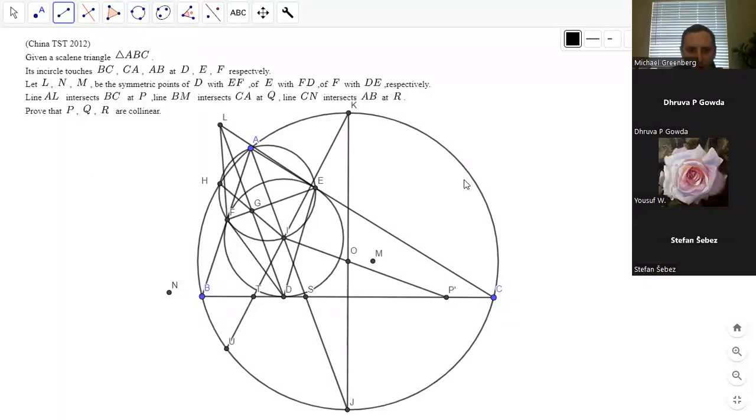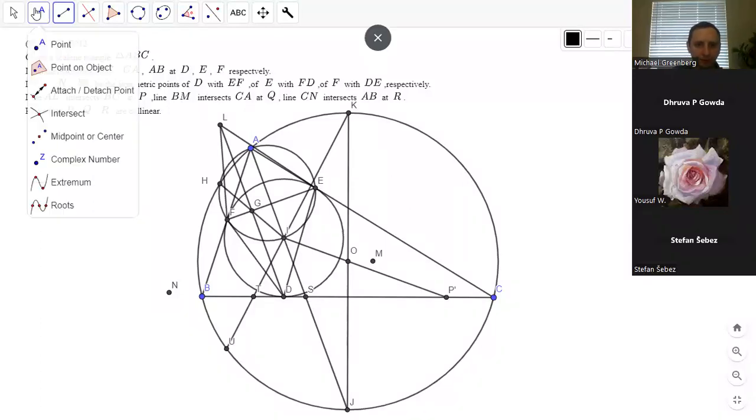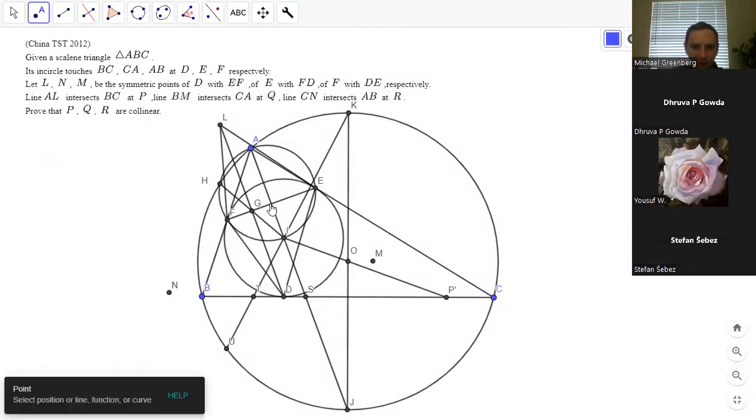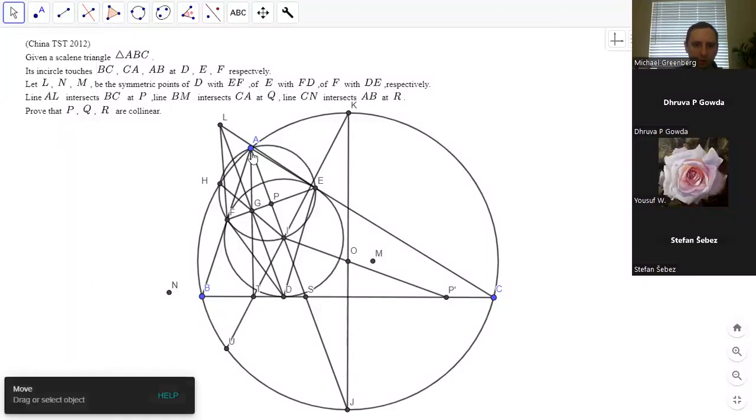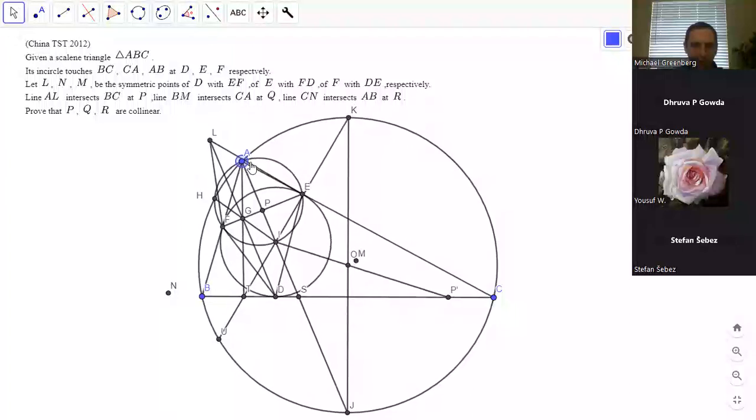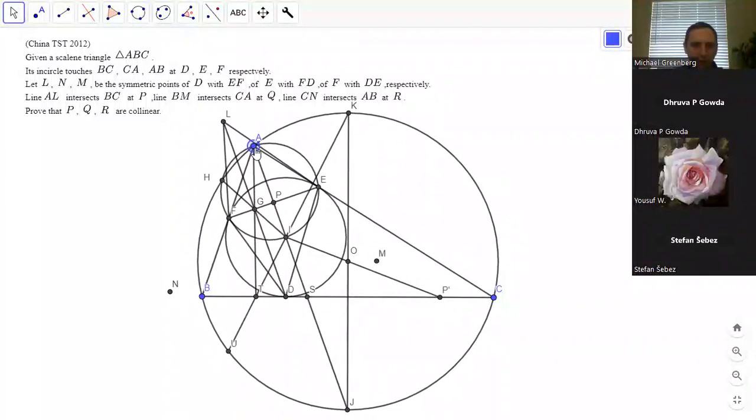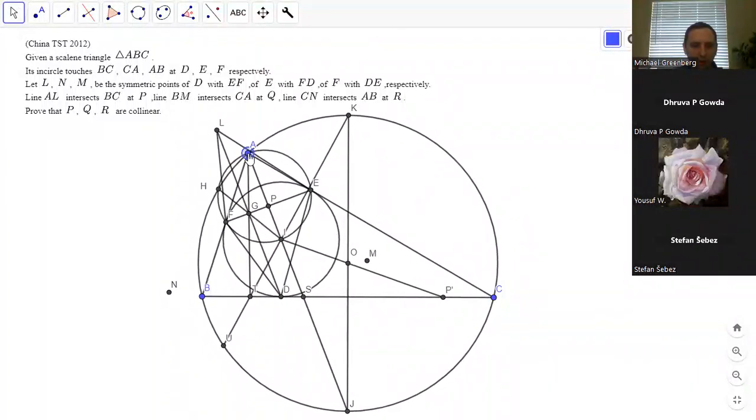Firstly, D stays the same, S goes to infinity, P prime should go to L if the problem were true. And that means that T must go to G. So if we knew that A, G, and T are collinear, then the problem would be solved, because of that projection.